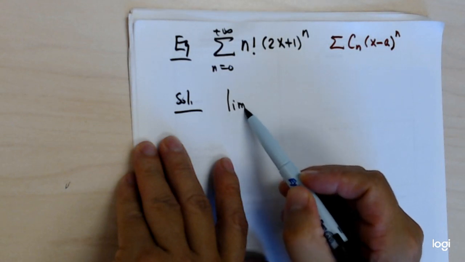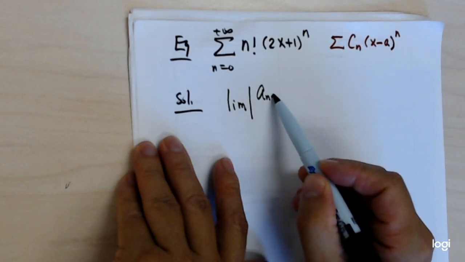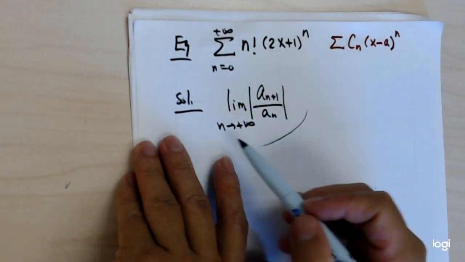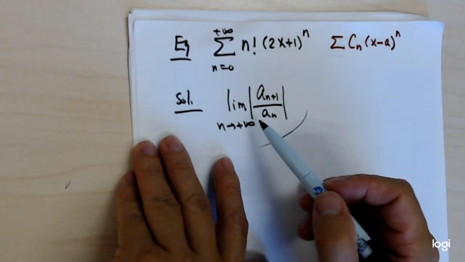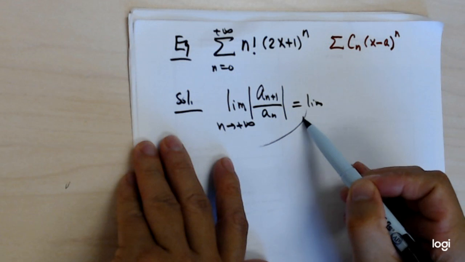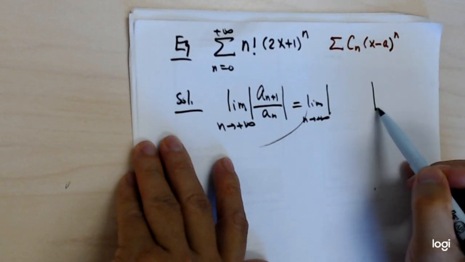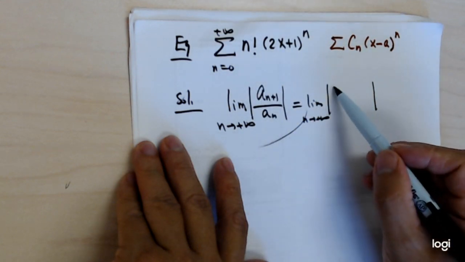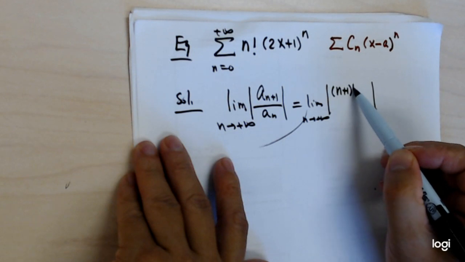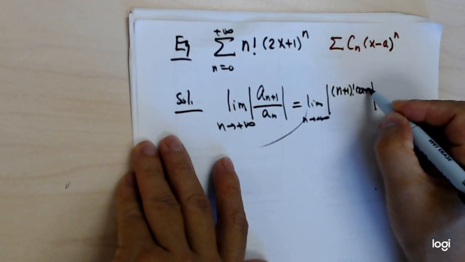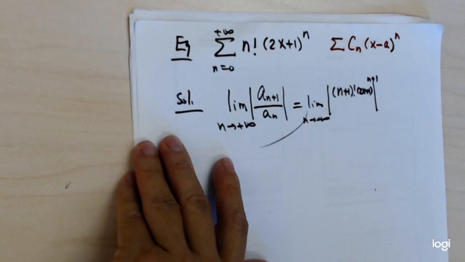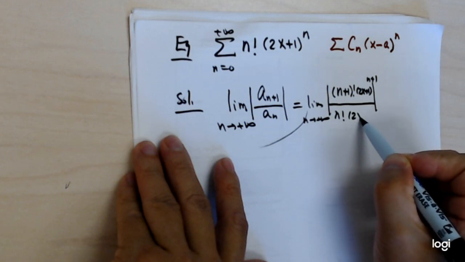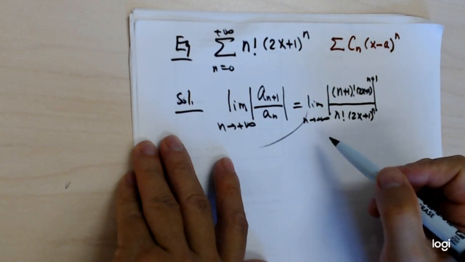So, standard procedure, we try to apply the ratio test. That was the thing that popped up in the ratio test: the absolute value of a sub n plus 1 over a sub n, where a sub n refers to this whole thing here. So a sub n plus 1 is n plus 1 factorial times 2x plus 1 to the power of n plus 1, over n factorial times 2x plus 1 to the power of n.